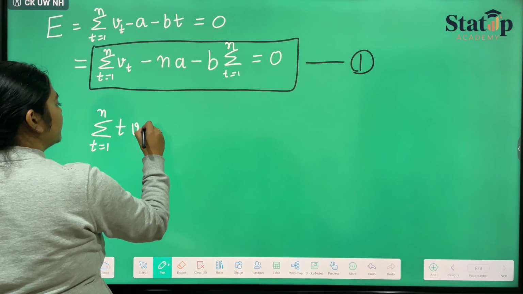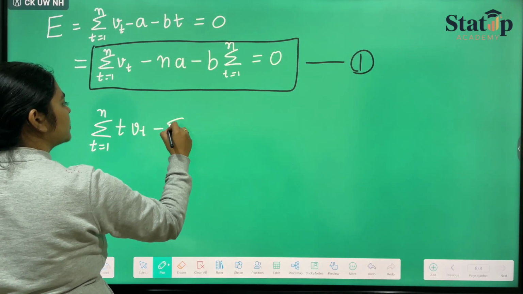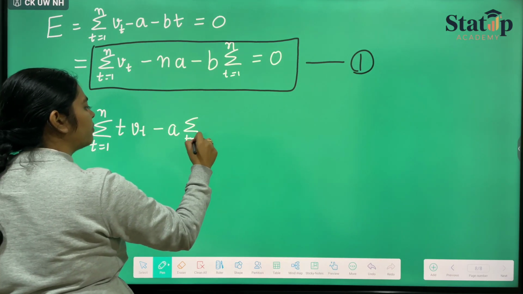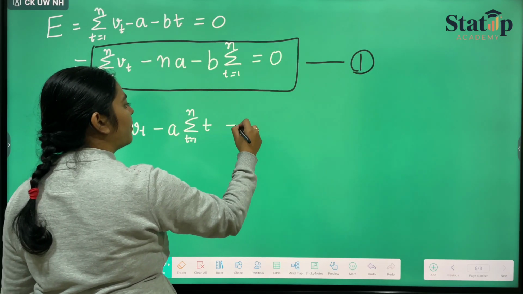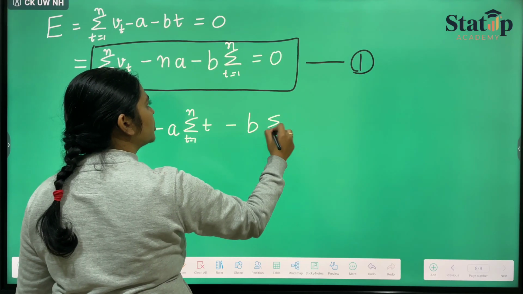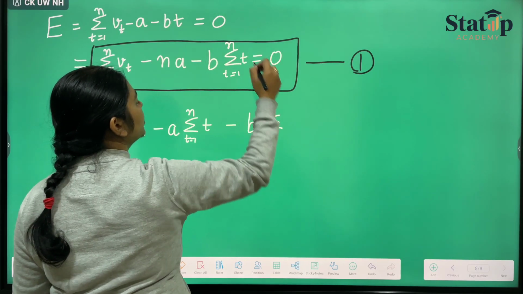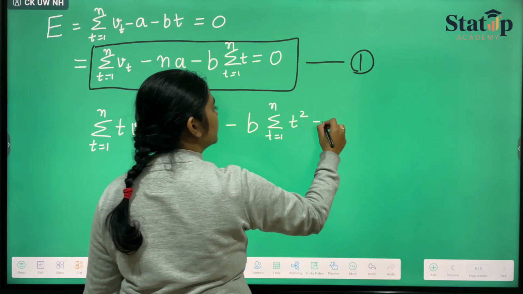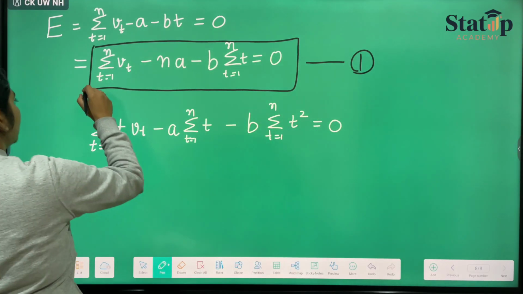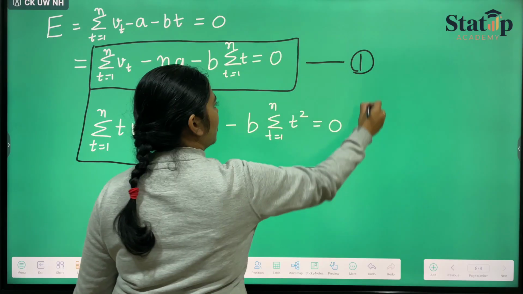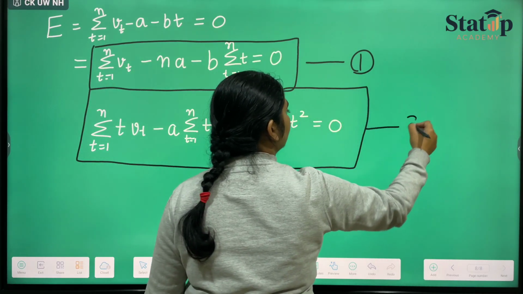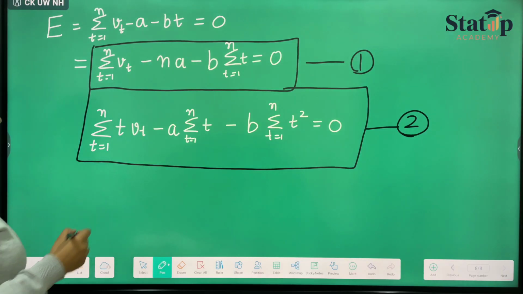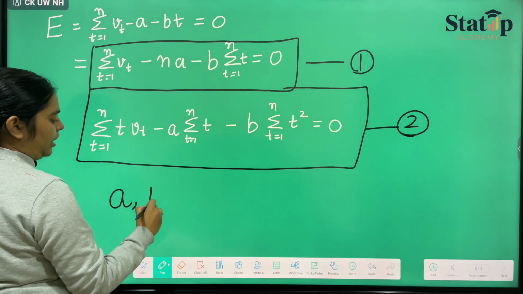So it will be summation t v_t minus a summation t from 1 to n of t minus b summation t from 1 to n of t square is equal to 0. So this will be our second normal equation, and by solving both of them, we'll get the values of the constants a and b.